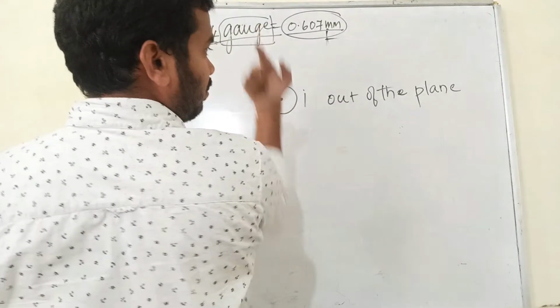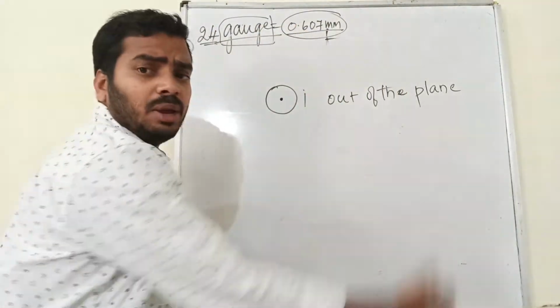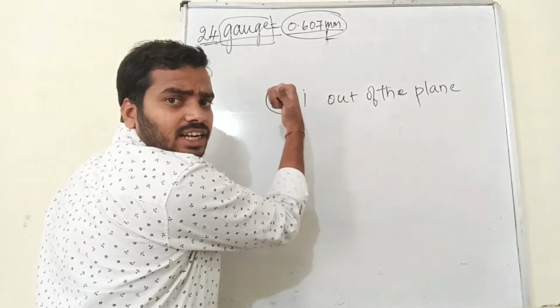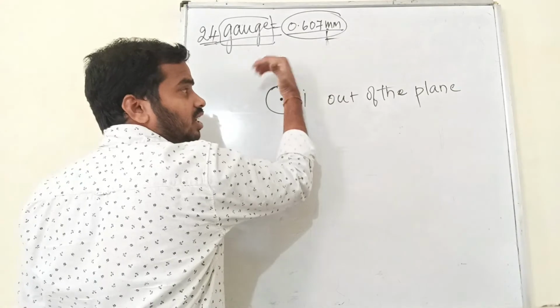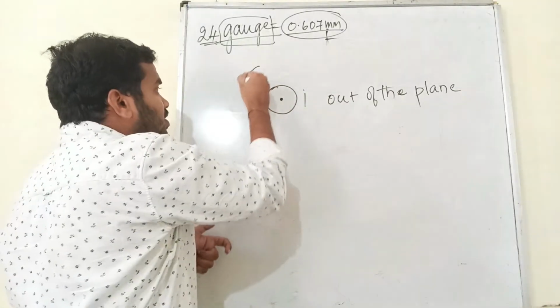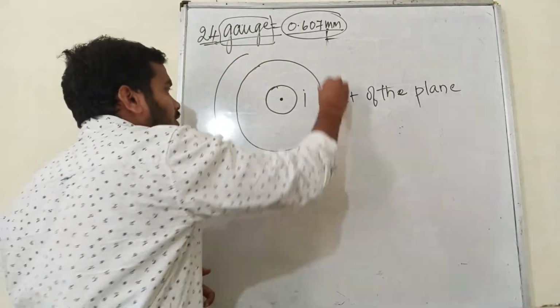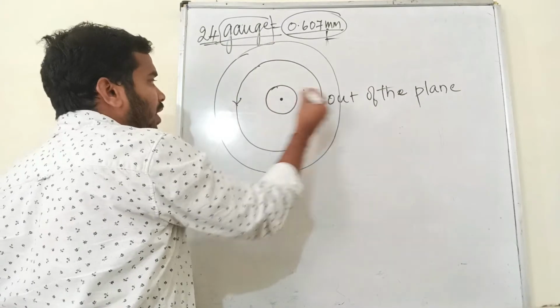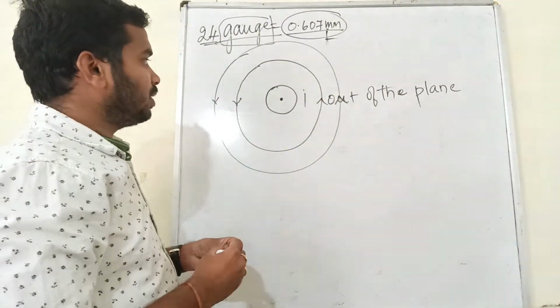Just place your thumb in the direction of the electric current. As I said previously, the thumb must be placed like this, and you curl your fingers. Are you able to understand? You curl your fingers in this direction. This will give you the magnetic field direction. It's quite simple, I hope.